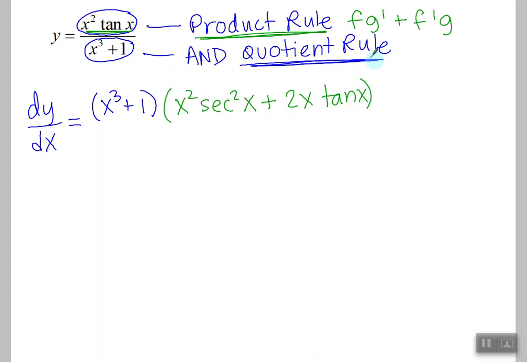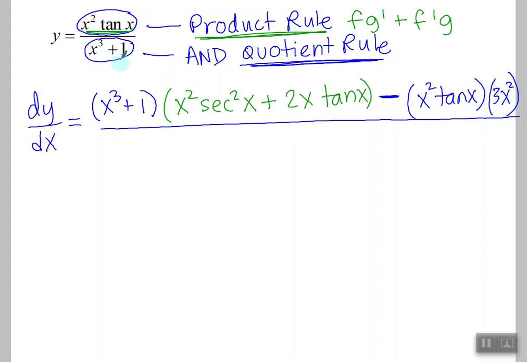Finishing our quotient rule, we've done low d high, now minus high, that numerator, x squared tangent x, d low, the derivative of that denominator, 3x squared, over low low, the denominator times itself, or squared. That is our derivative. We may or may not be able to clean it up a bit, but I'm going to stop there.